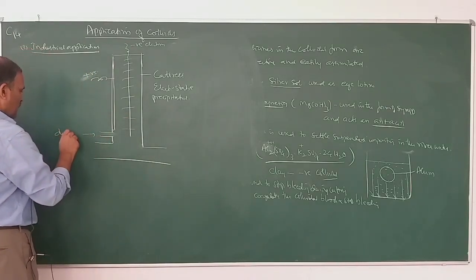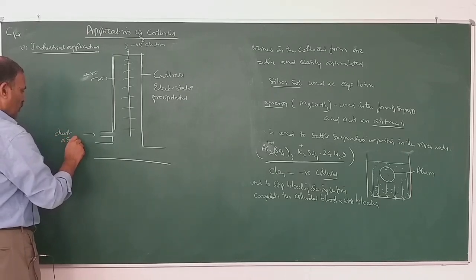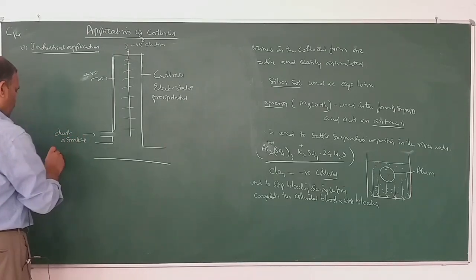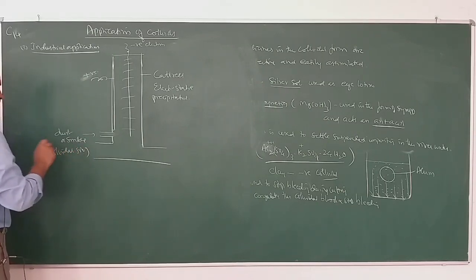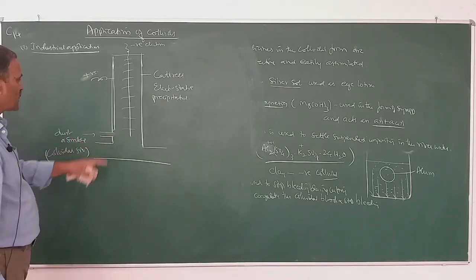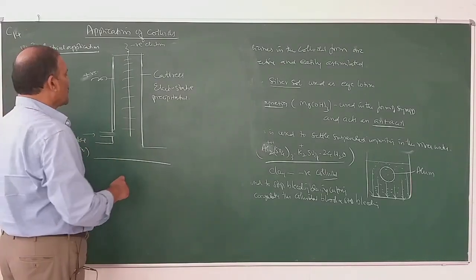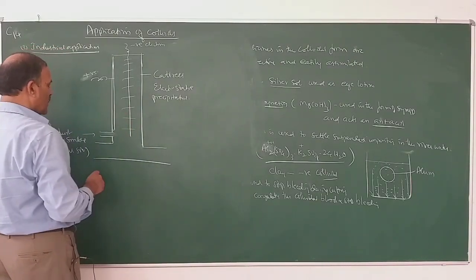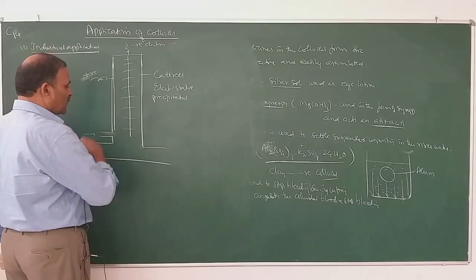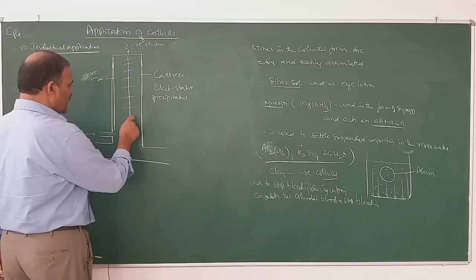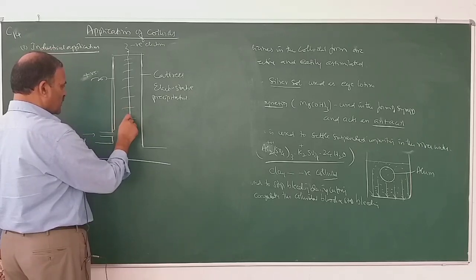Here dust or smoke is a colloidal solution. So when these dust and smokes are passed through charged plates, what happens? Since the colloidal particles carry charges, they are attracted by the electrodes. After reaching the electrode, they lose the charges.